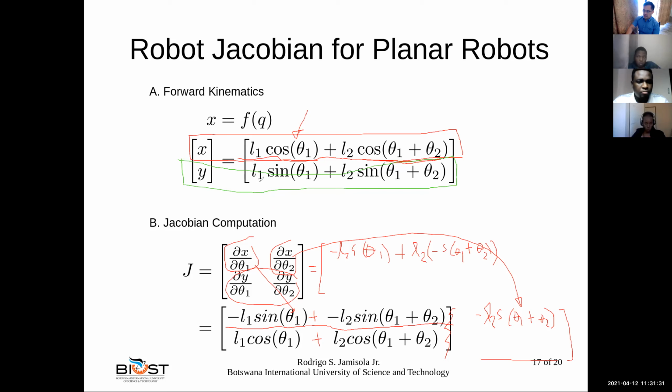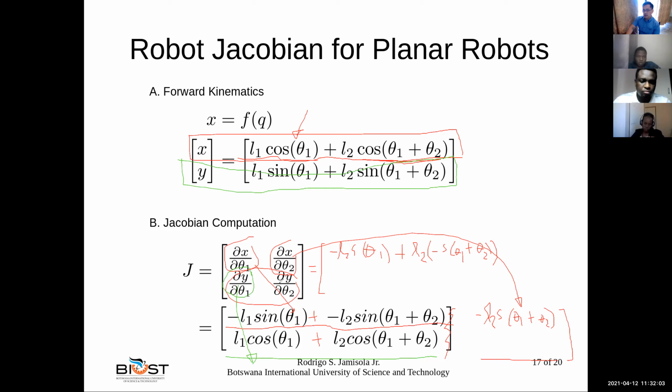So again, L1 with respect to theta 1, that's cosine of theta 1, times partial of theta 1 with respect to theta 1, which is 1. So L1 cosine theta 1 plus L2, then the derivative of sine is cosine of theta 1 plus theta 2 times partial of theta 1 with respect to theta 1, that is 1. So that's the first part, which is this one here.